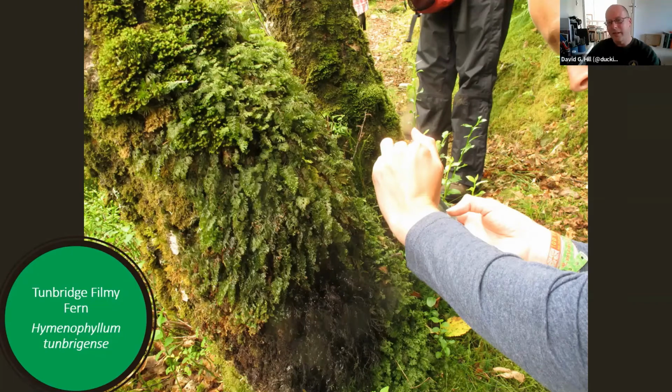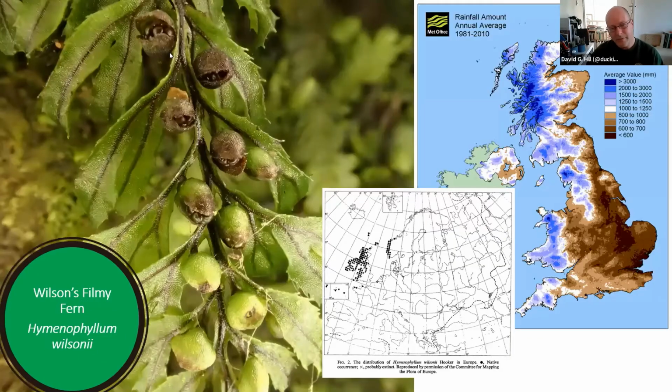This is the other common filmy fern, which is Wilson's, Hymenophyllum wilsonii. You can see distribution-wise, it's very much Cornwall, Wales, Scotland, Ireland. And really, if you map that against rainfall, you can see that there's a very good correspondence with rainfall.